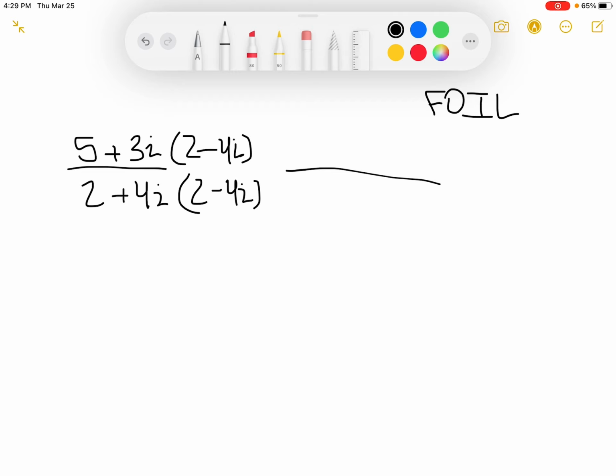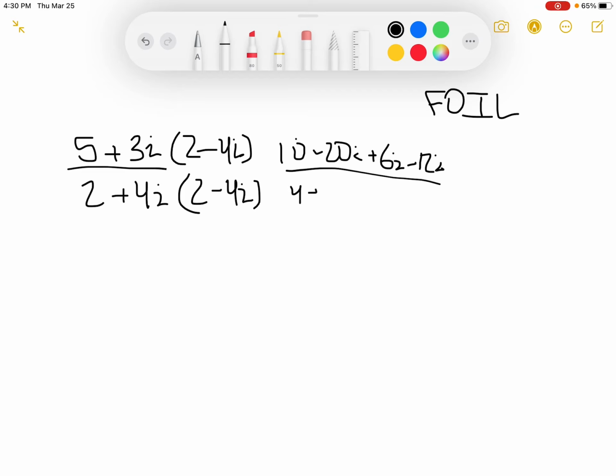So first is 5 times 2, which is 10. Then outer, -20i. Inner, 6i. And then last, -12i squared. First, for the bottom one, is 4.